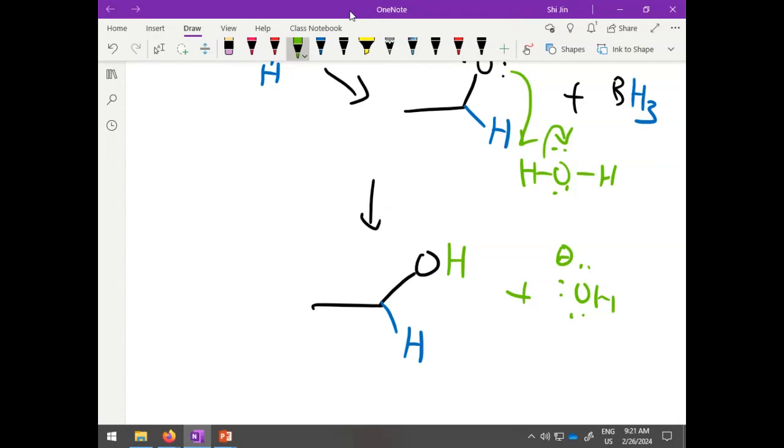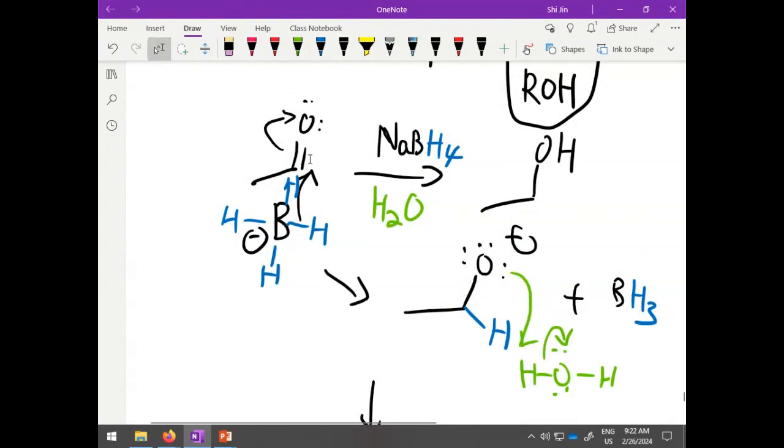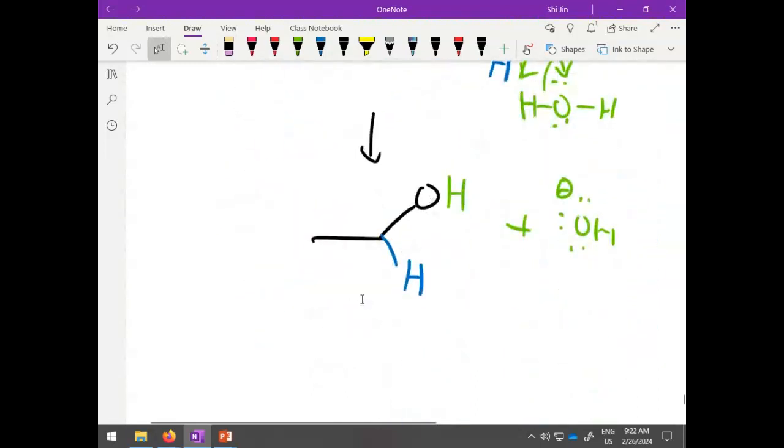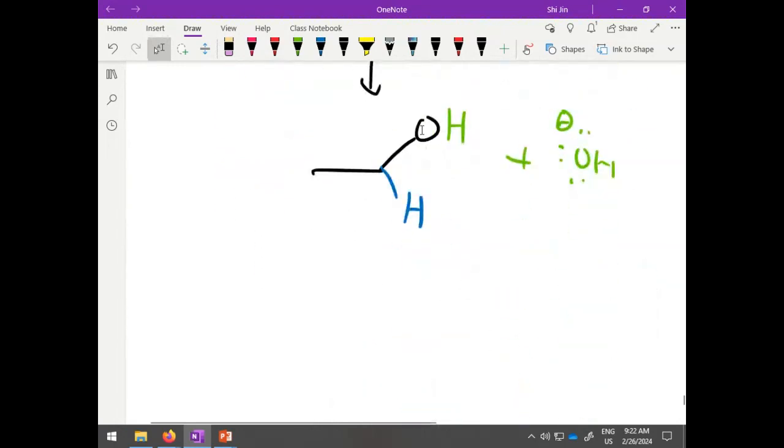So that is the reaction. The key feature is that although overall we add two hydrogens across the carbonyl group, the two hydrogens are from different sources. The hydrogen on the carbon comes from the metal hydride. The hydrogen on the O comes from the solvent, or from the acid added in the second step.